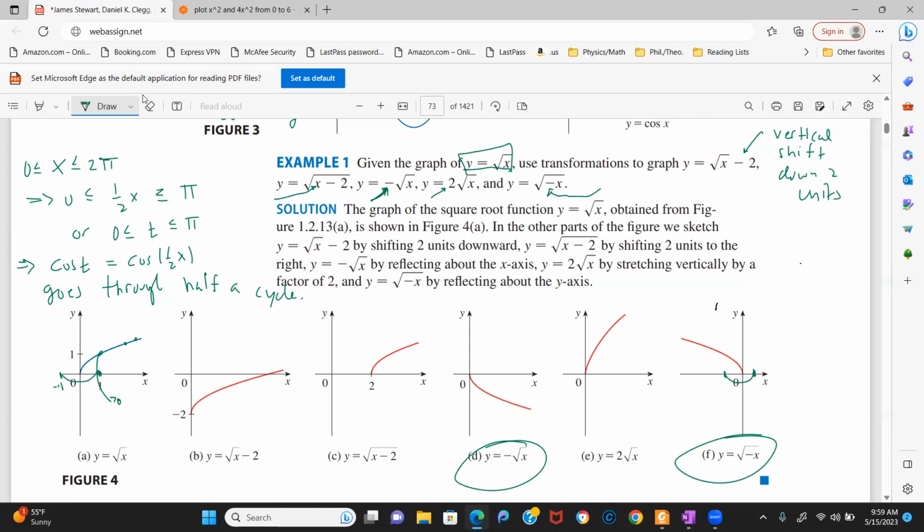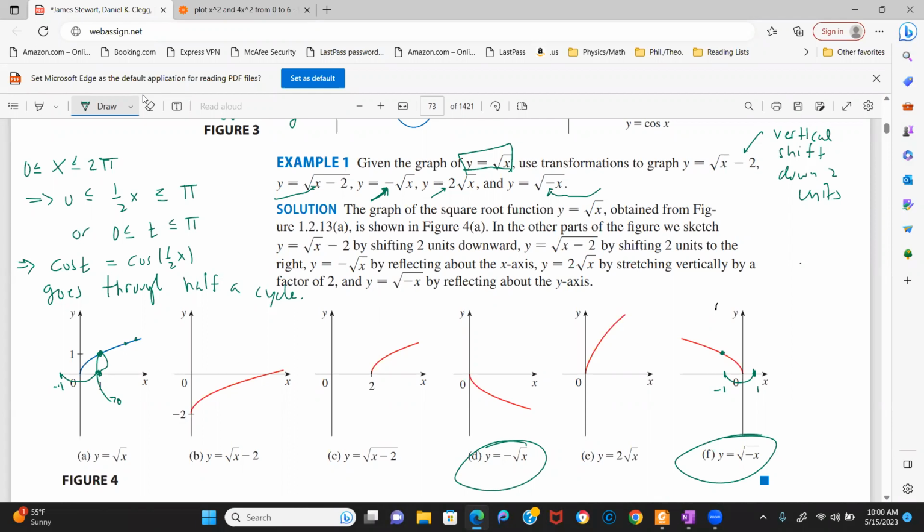You negate it, you get 1. You evaluate it, you get square root of 1, and then that goes above the -1 point, because that's the order in which you evaluate this function. So this is -1, this is a 1.